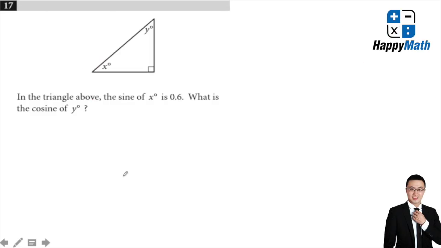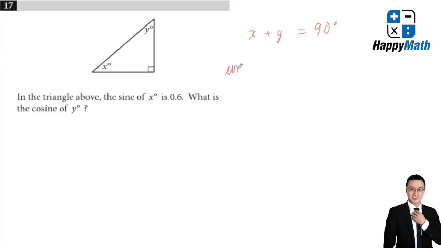The triangle above has sine of x equal to 0.6. What is the cosine of y? This is a right triangle, so x plus y will be equal to 90. We have the formula for complementary angles.